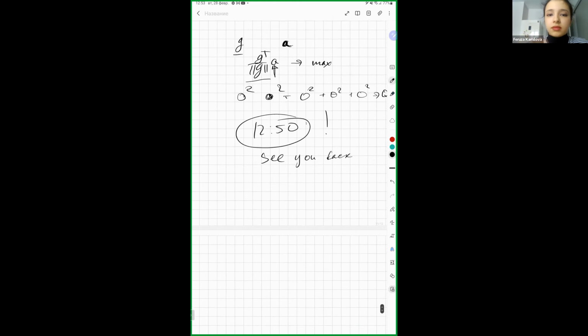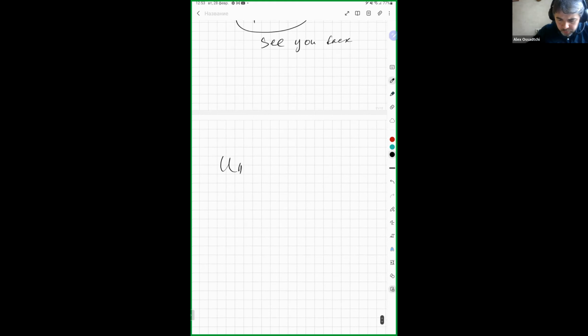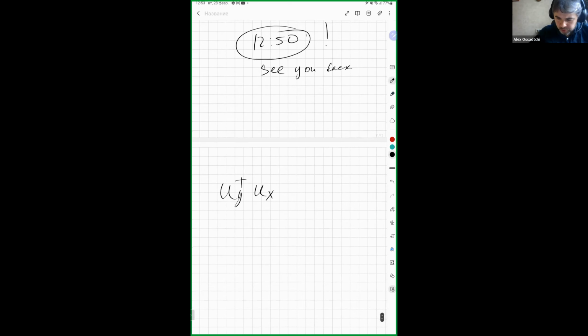What we had was UG, because it correlates with the notion of signal subspace, and therefore I will explain UG transpose UX SX, and we want to maximize the Frobenius norm of this, right?